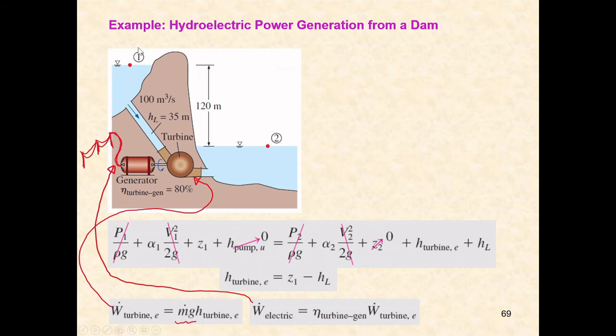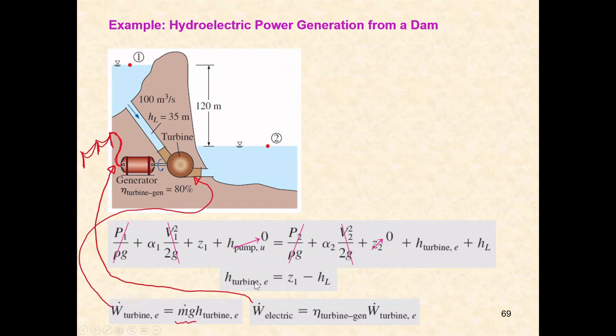So Z1 minus Z2 gives us 120 meters. Now we can simplify this equation into H turbine equals Z1 minus HL, where HL is the head loss. So there's some head loss flowing through the system, the head loss in the pipe and the head loss in the turbine.